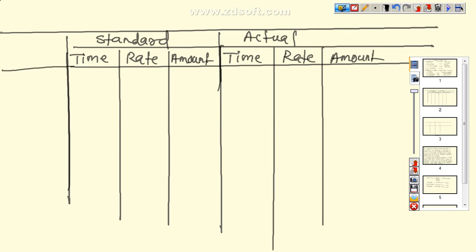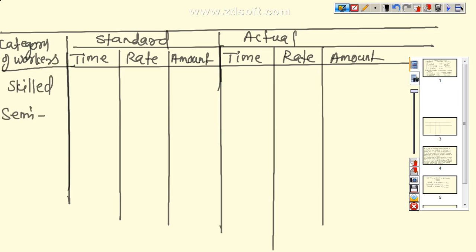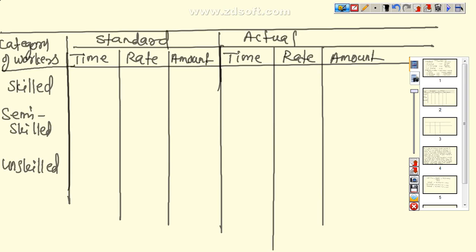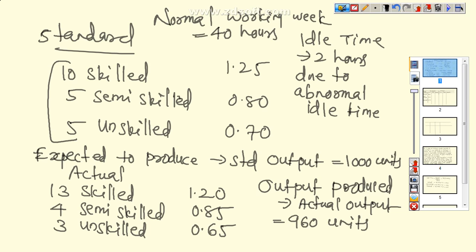Here we write the category of workers: skilled, semi-skilled and unskilled. We have calculated standard time, that is 400, 200, 200, and the rate is also given: 1.25, 0.80 and 0.70.